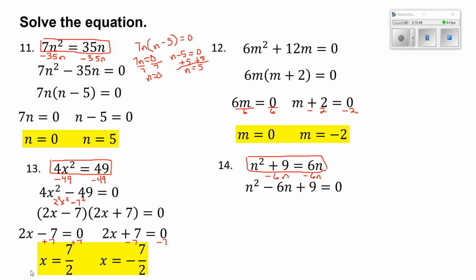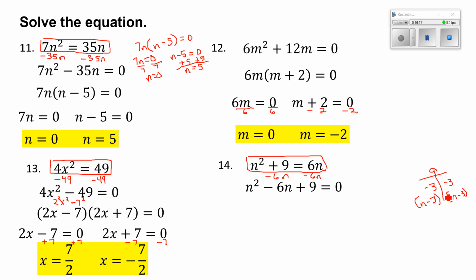Well, when I look for factors of this, I realize I have 1 times 9, that's going to give me 9. And I can say that I'm going to have negative 3 and negative 3. Because negative 3 times negative 3 is positive 9, negative 3 plus the negative 3 is a negative 6. This is going to give me n minus 3, and again, n minus 3.